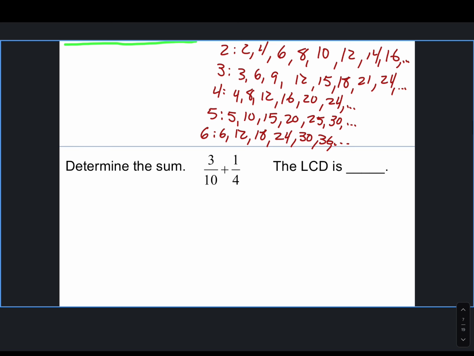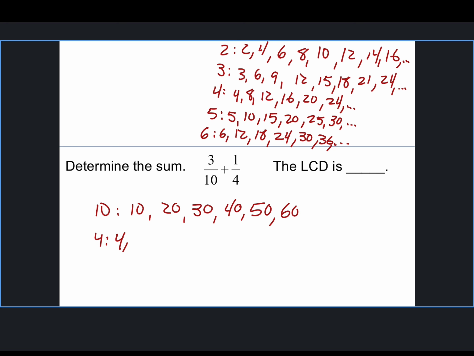So we're talking multiples of 10 and multiples of 4. 10, 20, 30, 40, 50, 60, and 4, 8, 12, 16, 20, 24, 28, 32. Do I need to keep going? What's the smallest one they have in common?